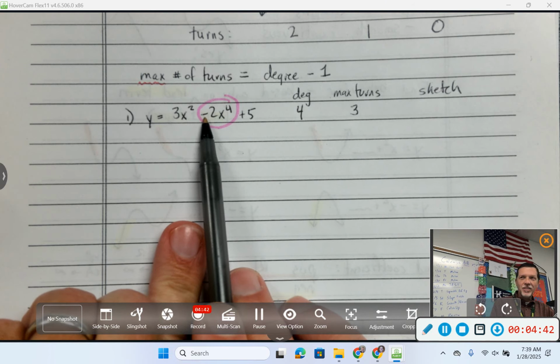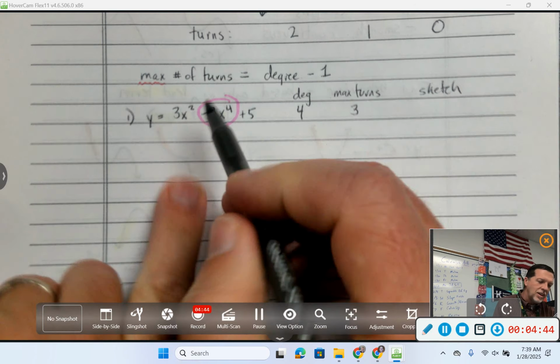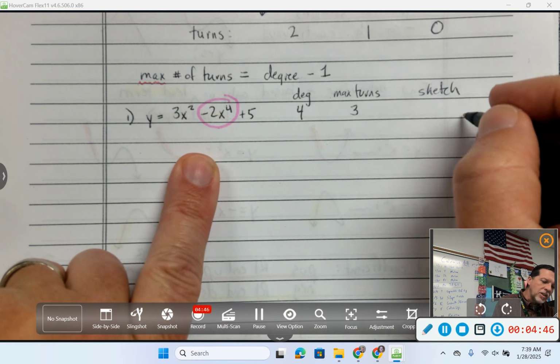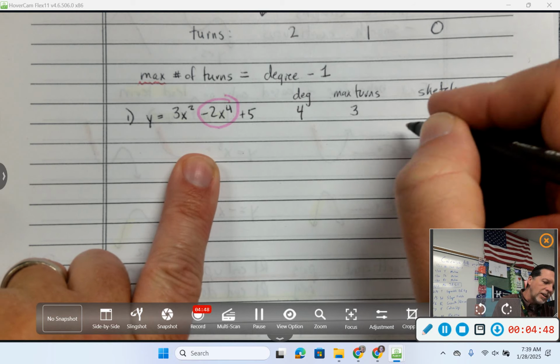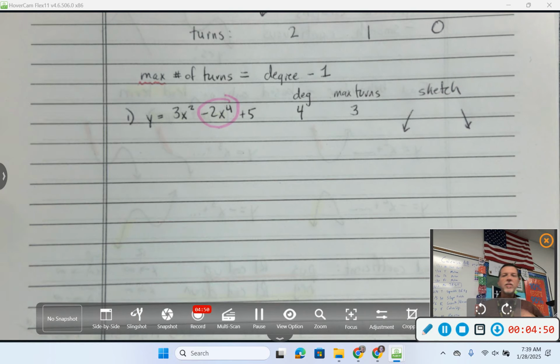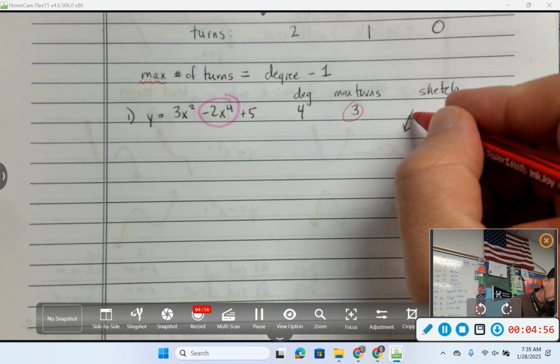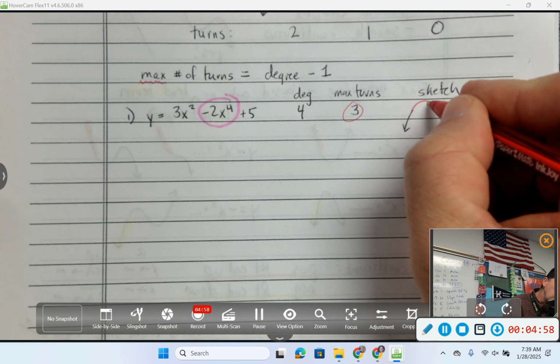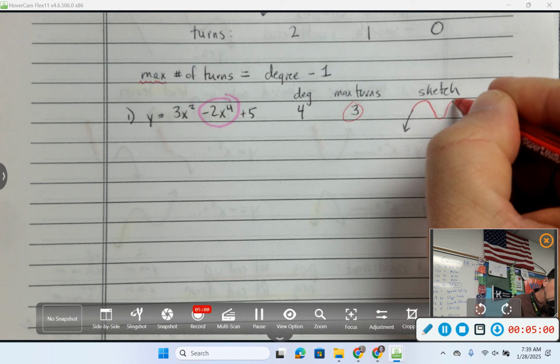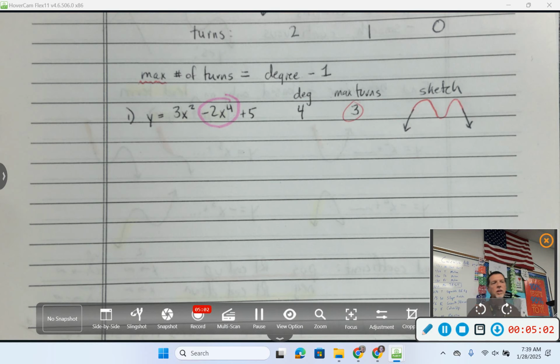It's negative, so it's going down on the right and down on the left. And I got to somehow sneak in 3 turns there. 1 turn, 2 turns, 3 turns. Like an M.